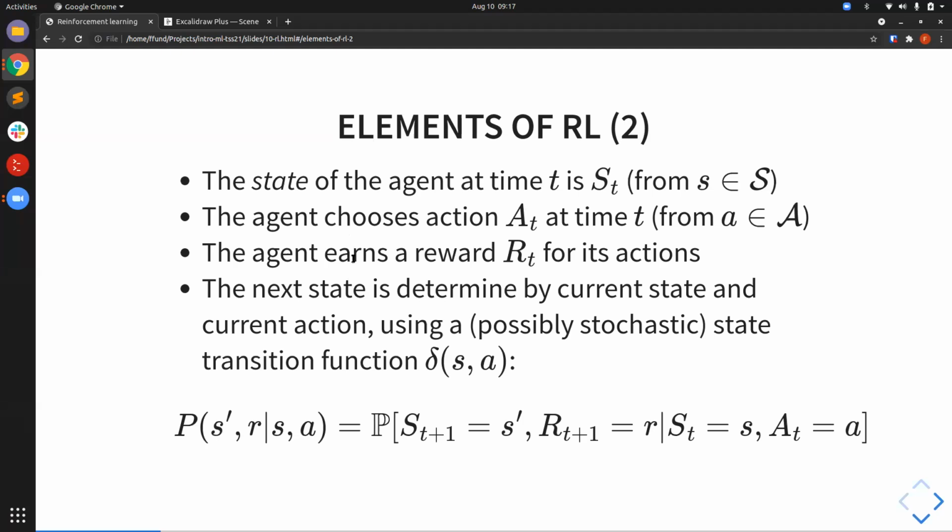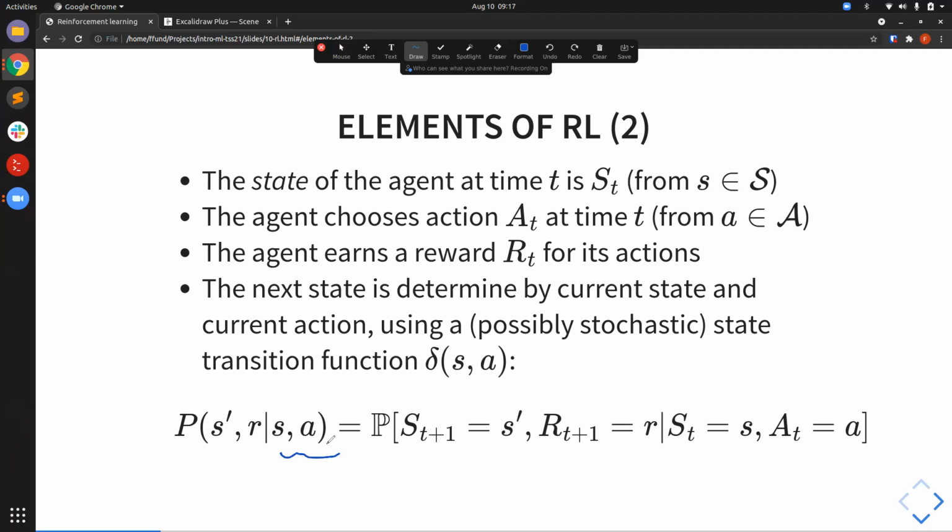Okay. And the state transition function is probabilistic. So we can say the probability of reaching state S prime and earning reward R, given that we're currently in state S and took action A, is this probability. So this describes what we do, right?